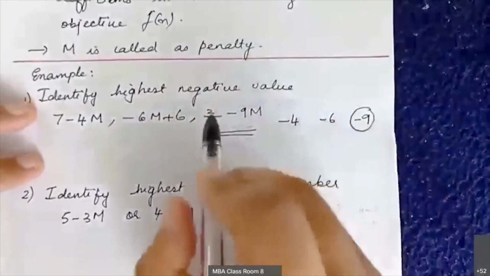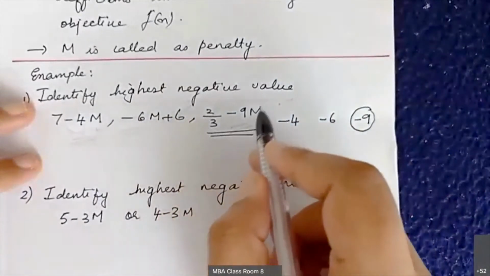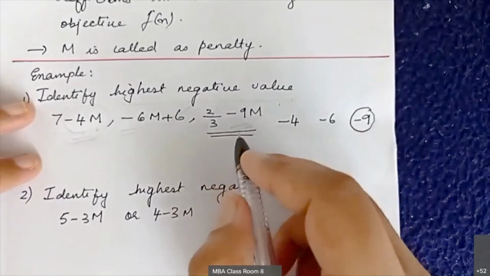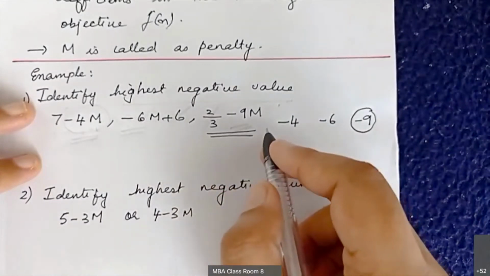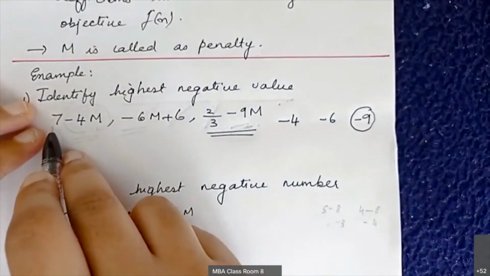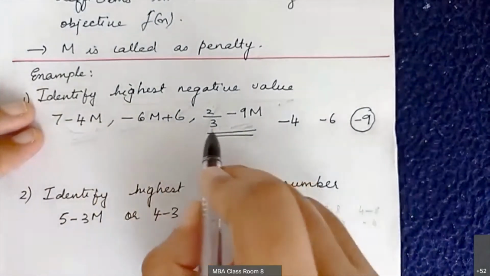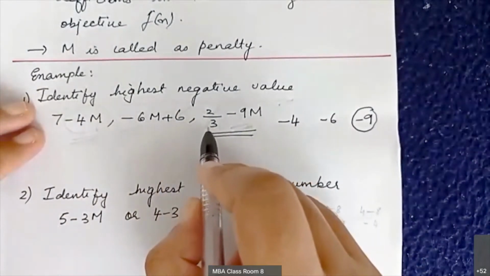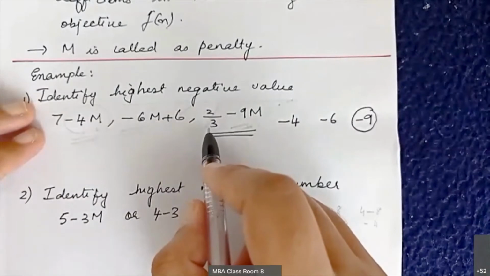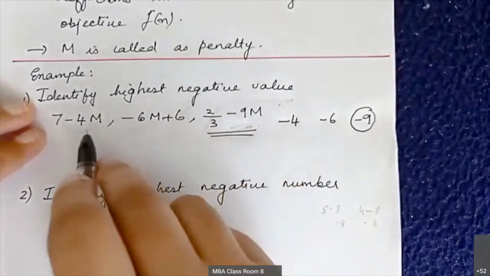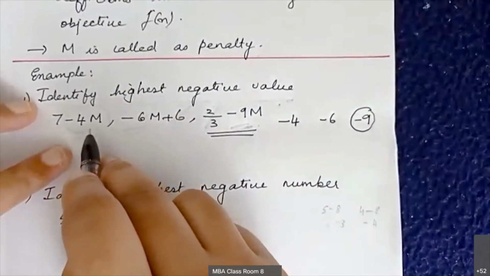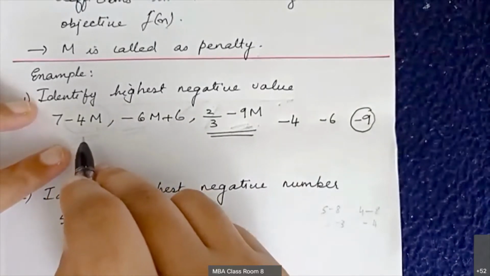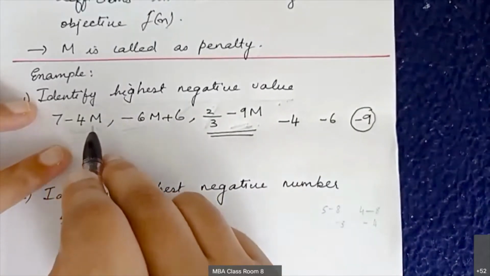So we understand that 2 by 3 minus 9M is going to be the highest negative value. So in this case, you don't have to consider 7, here 6, and here 2 by 3, because M value is not associated with these values. You need to consider only the coefficients of the values for which we are having M. So here we have minus 4, which is associated with M.